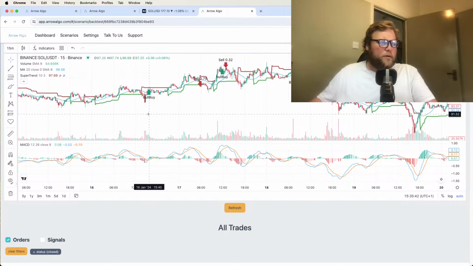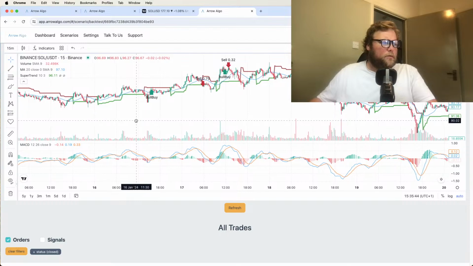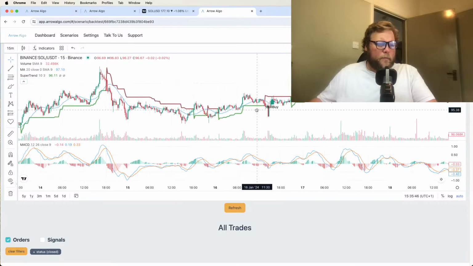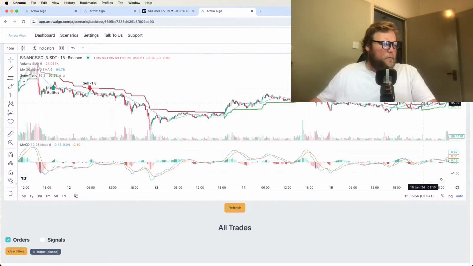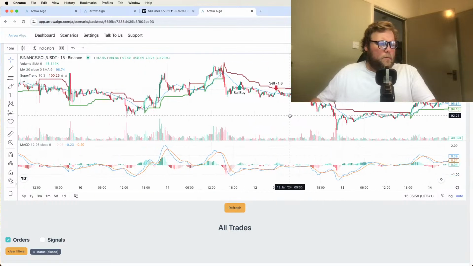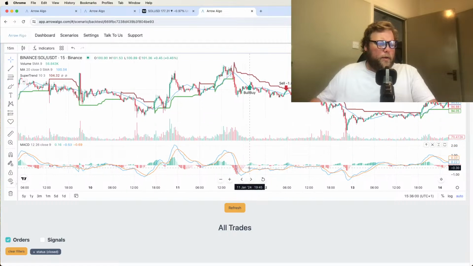The super trend was trending sell, so we would have got rid of that one. We would have got rid of that one for the super trend, but not for the MACD. And we would get rid of that one with the super trend, but not with the MACD.